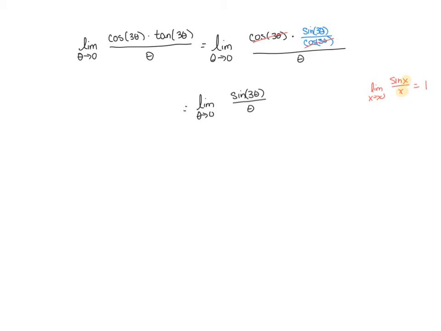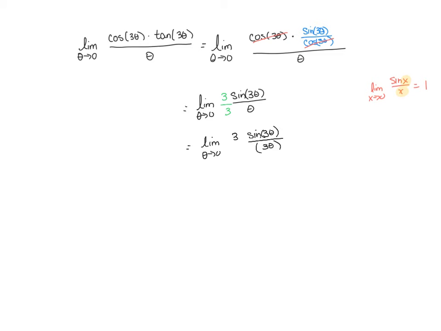They have to be the sine of something divided by that exact same something. So what we're going to do here is multiply this fraction by 1, but the way that we're going to multiply by 1 is multiplying by 3 over 3. So that becomes the limit as theta goes to 0 of 3 sine of 3 theta divided by 3 theta.